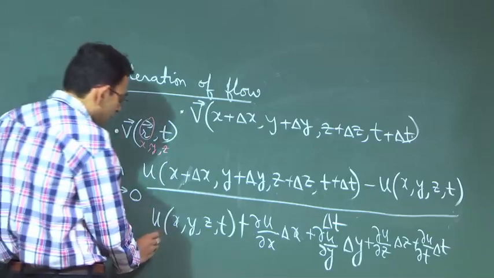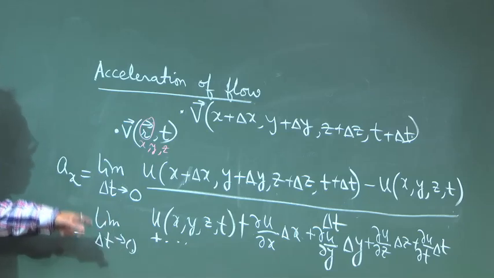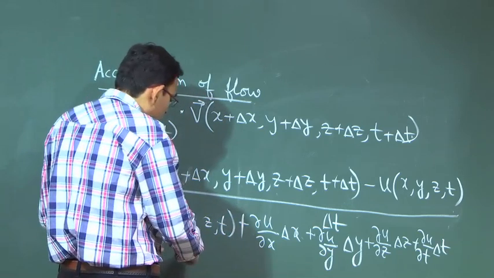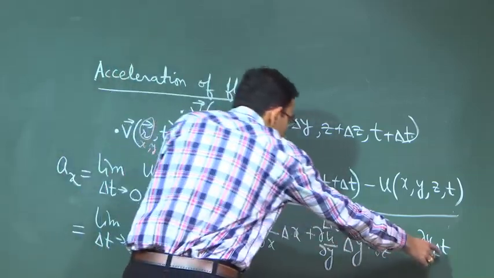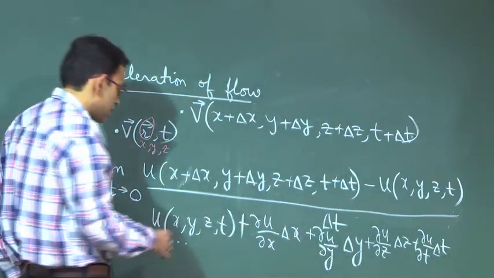We can keep the higher order terms in the Taylor series, but in the limit as delta t tends to 0 all those higher order terms will vanish. So we are writing dot dot dot. These are all first order terms, then there will be second order, third order, fourth order, all those terms in the Taylor series.